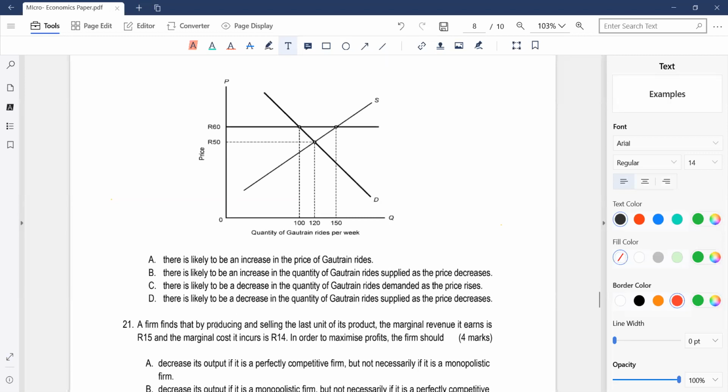So B is out. C says as the price rises, no, the price does not rise, the price decreases. Let's go to D. There's likely to be a decrease in quantity of Gautrain rides supplied, yes, as the price decreases. Answer is D. Number 20, answer is D.